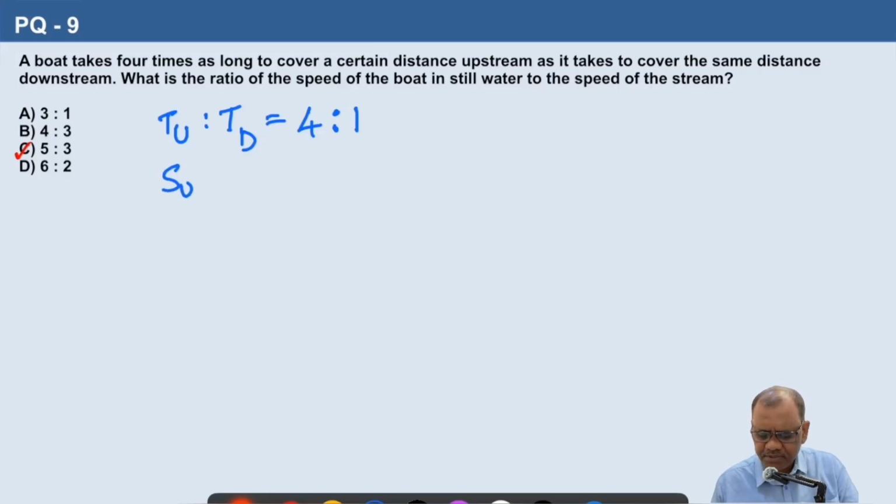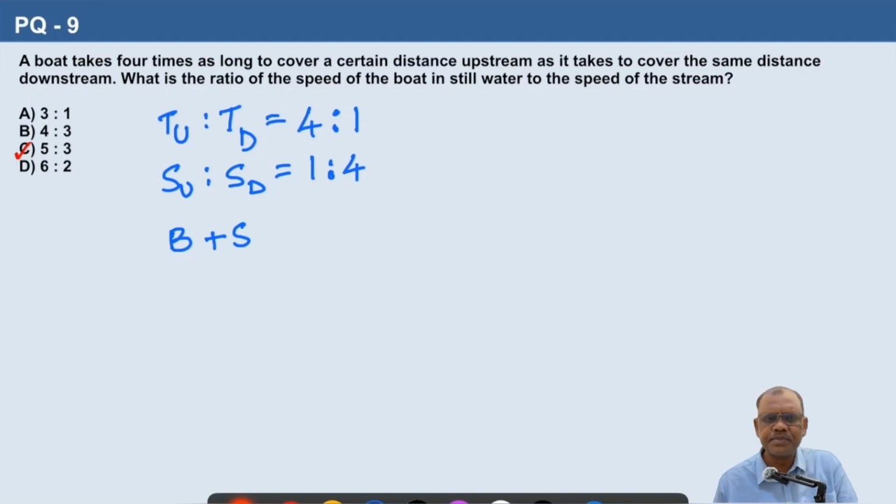Speed upstream is to speed downstream, that is equal to 1 is to 4. Inverse ratio we have to find out. So what is the speed upstream? Speed upstream is speed of the boat in still water minus speed of the stream.